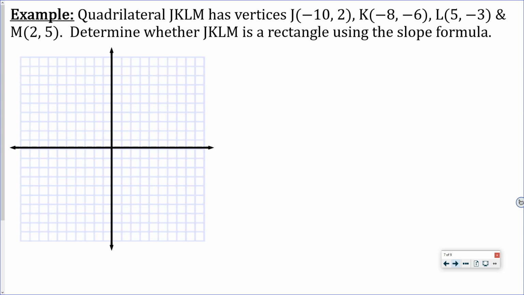Quadrilateral JKLM has vertices here. Go ahead and plot those. They want us to determine whether it is a rectangle, and they want us to use the slope formula. So they want us to use slopes.